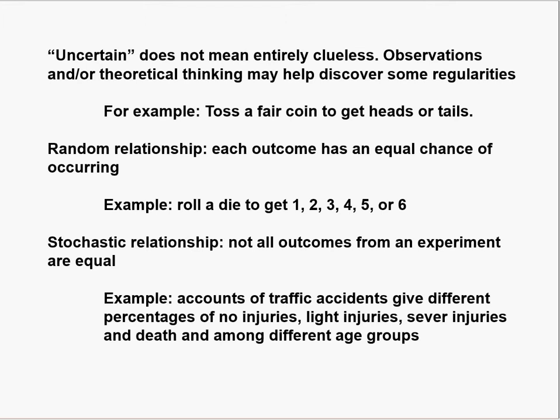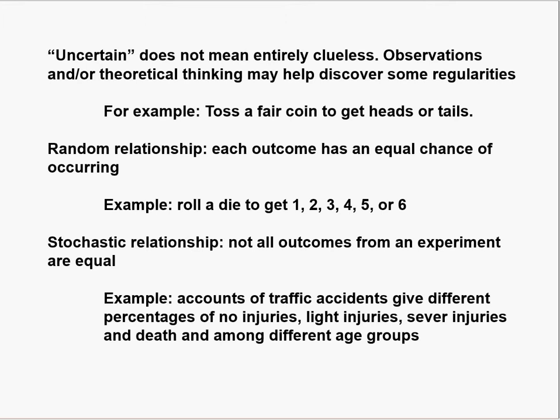In a stochastic relationship, not all the outcomes from an experiment have equal chance of occurring. For example, insurance companies always go out there to collect data to calculate the probability for people involved in an accident, and if they are involved in an accident, the likelihood that someone got injured, someone got severely injured, or someone even got killed.